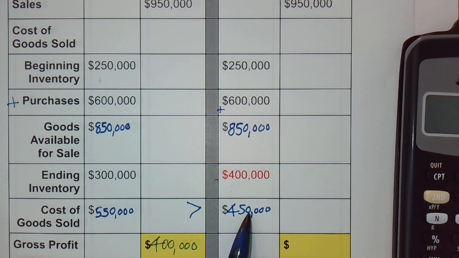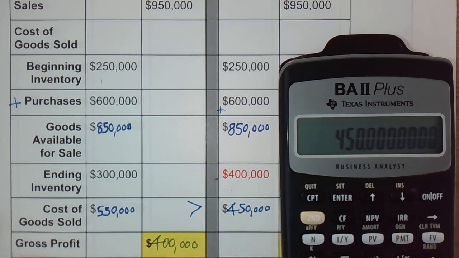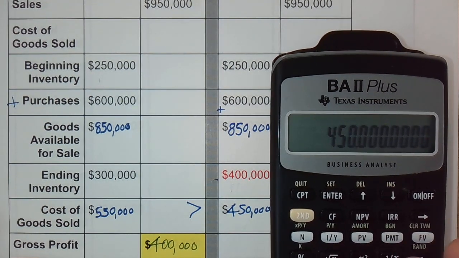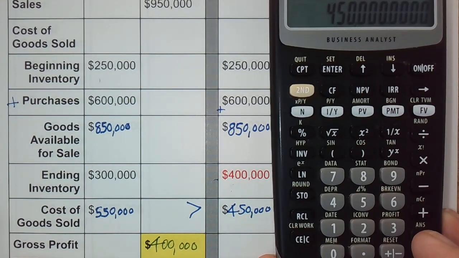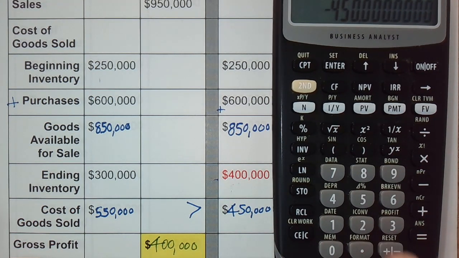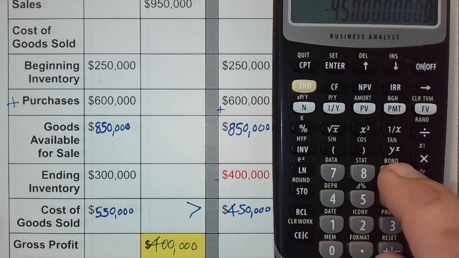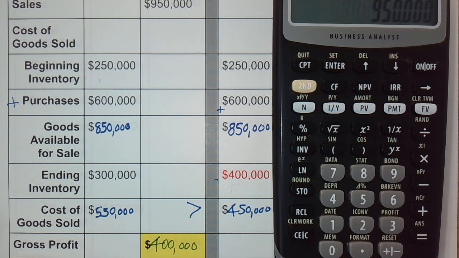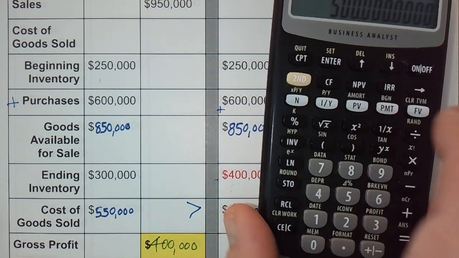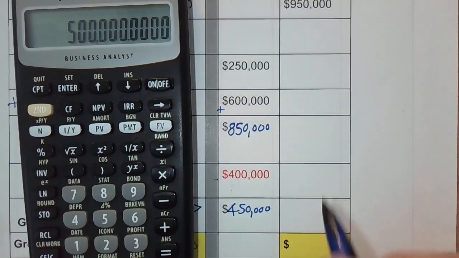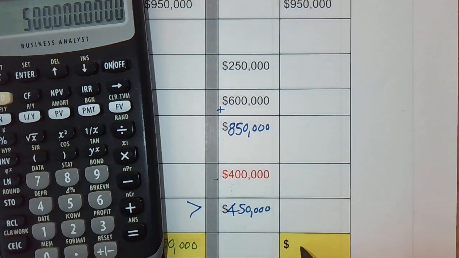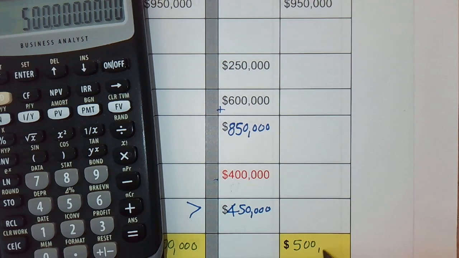So we think we have it, but it actually was in our customer's shopping cart. So if we have 450,000 as our cost of goods sold, I'm going to do my same trick again. I'm going to hit the plus-minus sign to make it negative, and add back in the net sales, and that gives me a gross profit of $500,000.